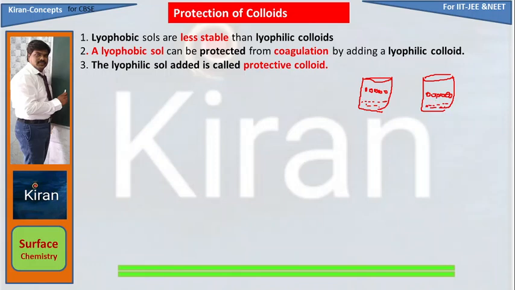Because of this, when you mix gold particles and keep it for 5 to 10 minutes, all particles settle at the bottom. That is the reason lyophobic colloidal solutions are less stable, and lyophilic colloidal solutions are more stable.